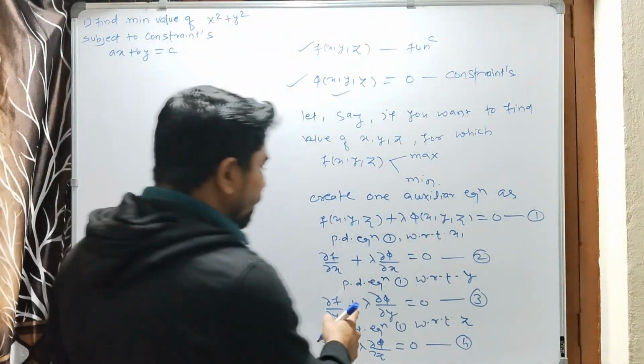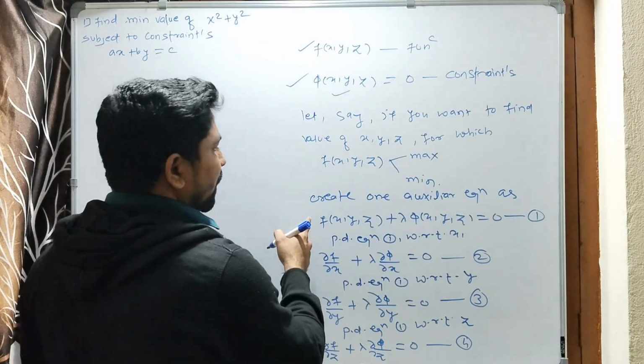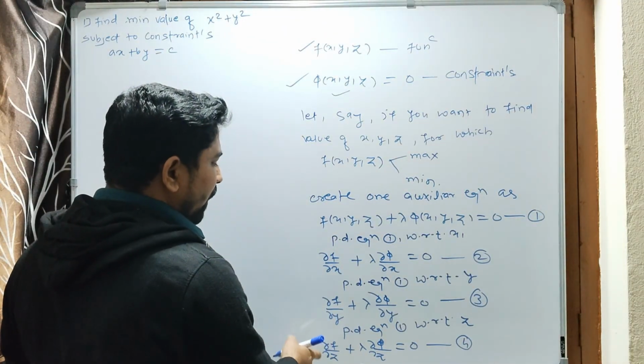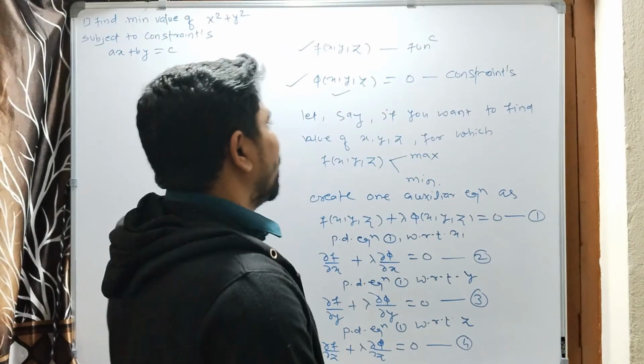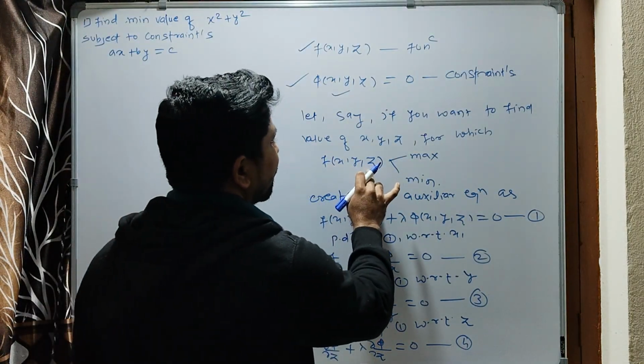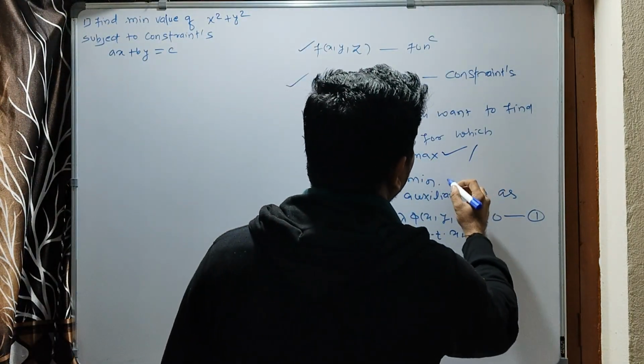Now eliminate lambda from equations 1, 2, 3 and 4, and find the values of x, y, z for which my function f of x, y, z is either maximum or minimum.